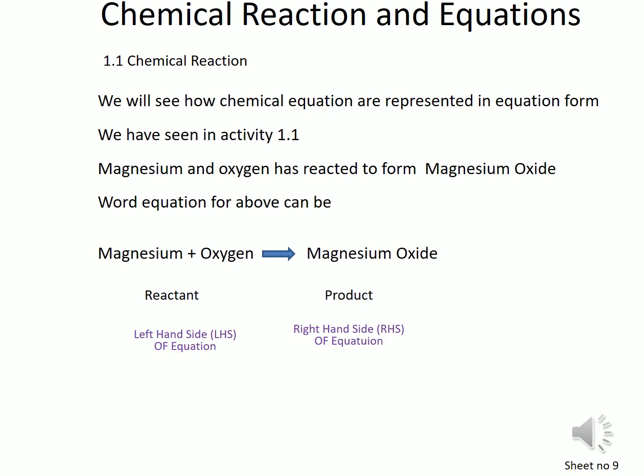So the equation we can write is magnesium plus oxygen, arrow meaning it reacts to form magnesium oxide. Now the left side of the equation is known as the reactant because magnesium and oxygen are reacting with each other. And the right side is the product side, that is, magnesium oxide is formed.